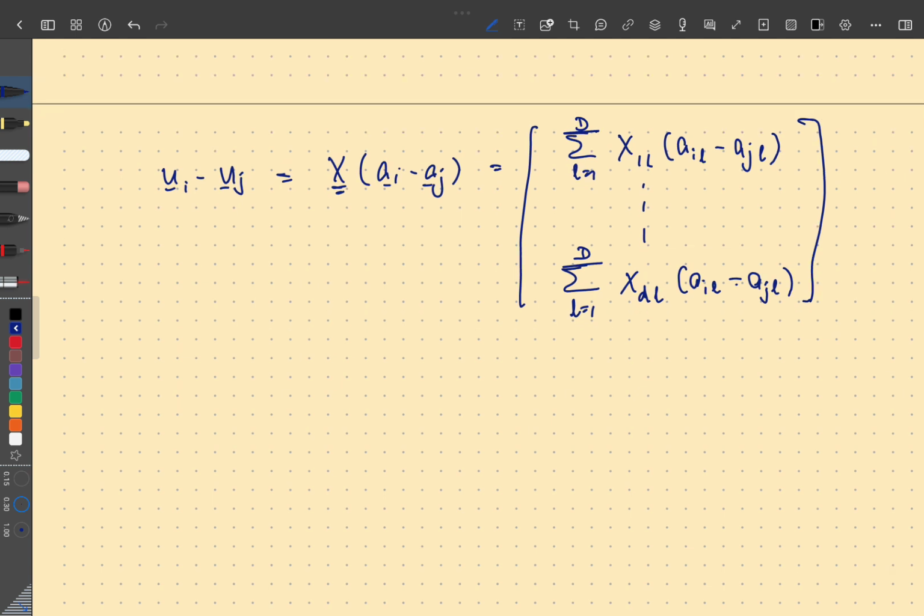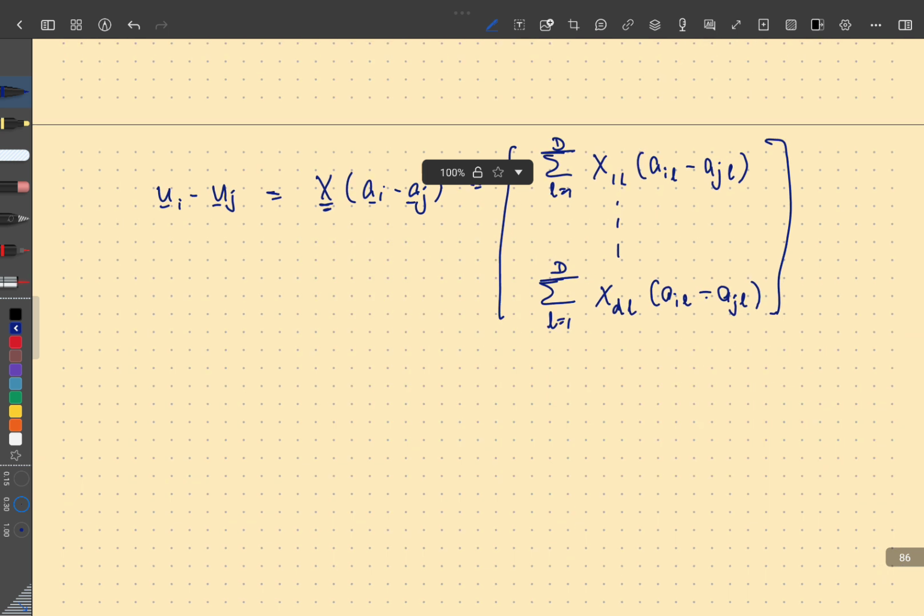I have to select the components or the distribution of X_{ij} appropriately. So let's see some intuition as to how to choose the matrix X, or the variances of the entries of X. First let's start perhaps with the expectation of the norm of U_i minus U_j the whole square.